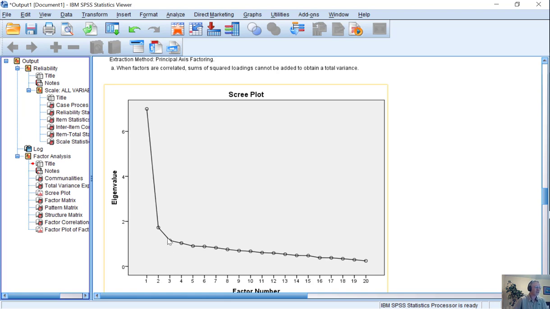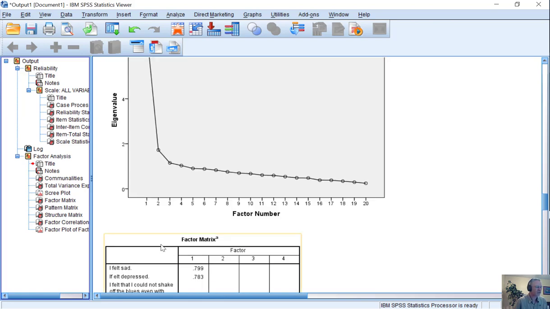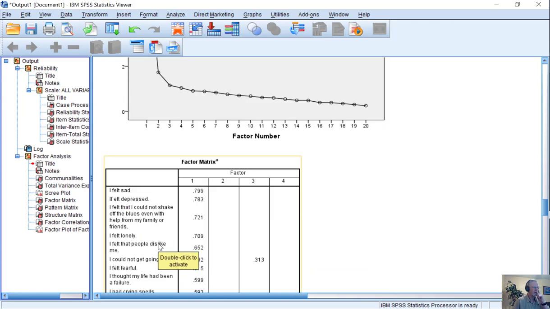You're basically wanting to get the top part of the arm, and then the elbow. After that, you basically throw that away. You get the idea. So here it looks to me like there's 3 factors. I think we can keep the 4 factors.